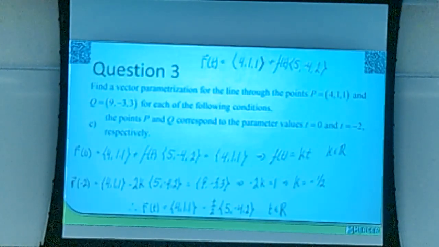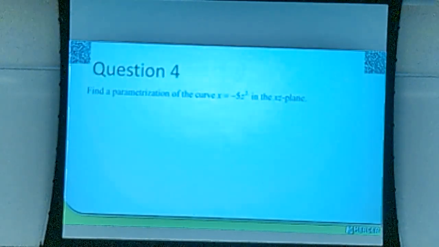So again, fairly straightforward, nothing really different there. Being able to parameterize curves is going to be really important when we study line integrals later.